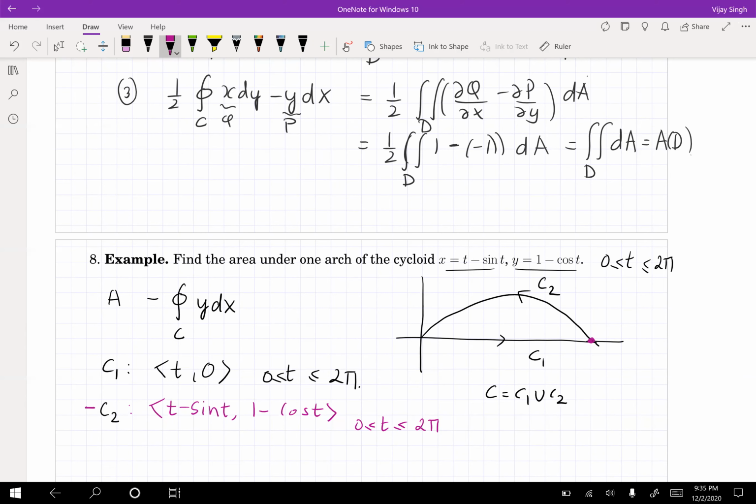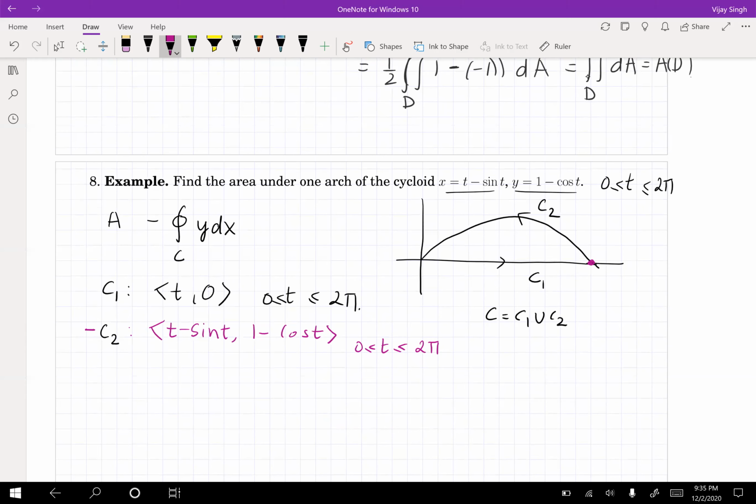So now let's see. This is my area. So area is going to be minus of, in brackets, C1 when y is 0, so y becomes 0 dx. I don't care what dx is, y becomes 0 right away. Then I have C2, so the integral over C equals C1 plus C2.